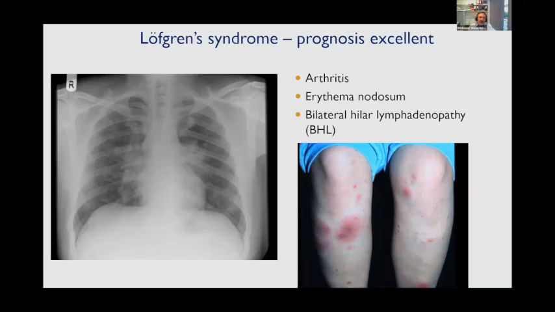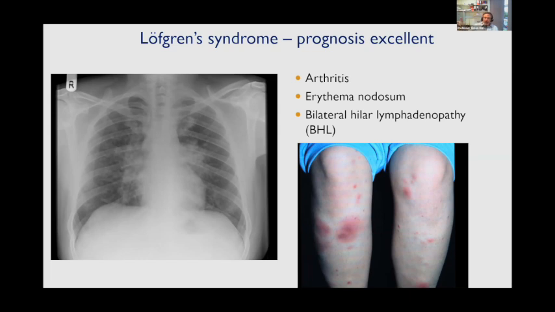And the important point about the time course is if it seems to come on fairly quickly, fairly rapidly, as in Löfgren syndrome, then people usually do very well. So sarcoidosis that comes on very quickly usually settles down over a period of time by itself without any treatment, with a period of observation. Whereas sarcoidosis that's more chronic and lingering and grumbling in the background is less likely to get better by itself.